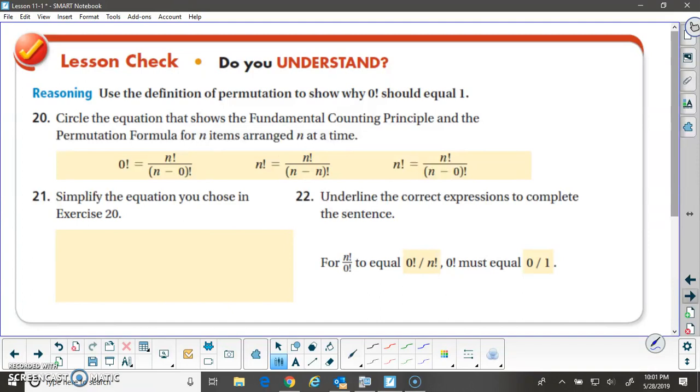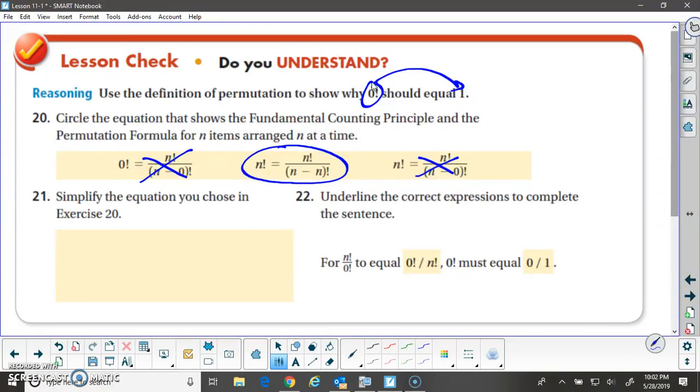It says use the definition of permutation to show why 0 factorial should equal 1. I know that's kind of a weird thing, that 0 factorial equals 1. But if you look at number 20, it says circle the equation that shows the fundamental counting principle and the permutation formula for n items arranged n at a time. So if you think about that, this would be the correct option right here, not this one, and not this one.